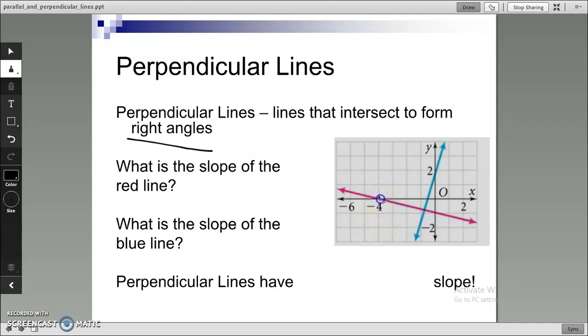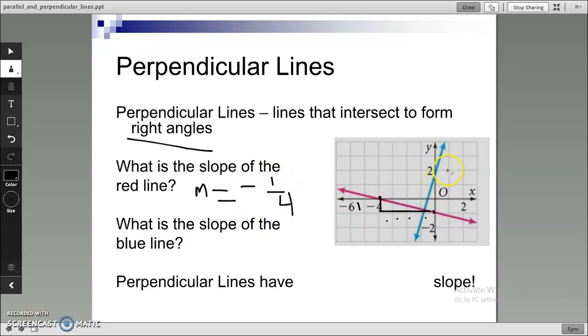This one looks like a good point, and this one. As you can see, it's going down the hill, so it's going to be negative. It rises 1, and it goes over 1, 2, 3, 4. So the slope is m equals negative 1/4.